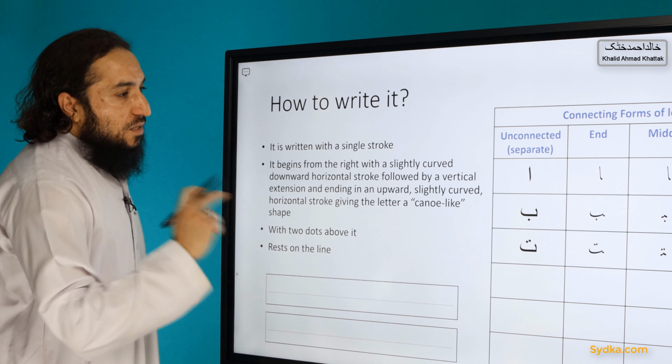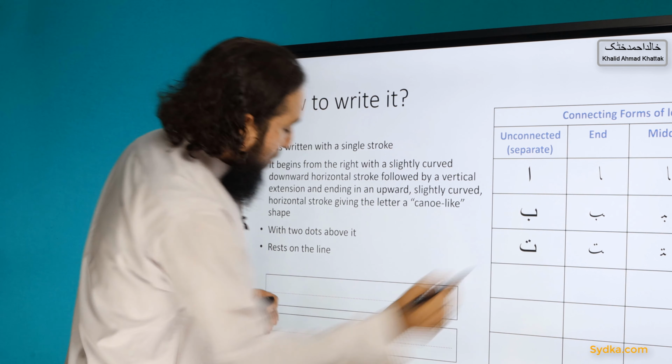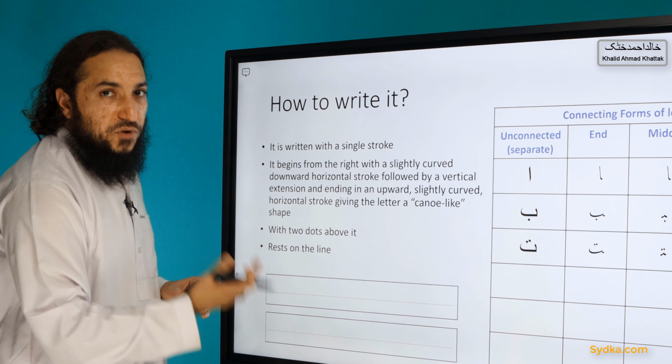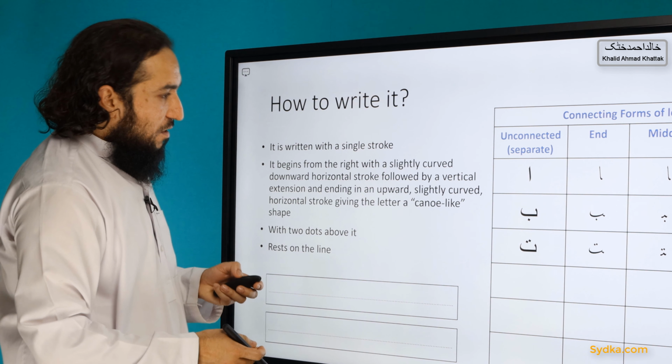The horizontal stroke gives it a canoe-like shape. It has two dots on top of it, and it rests on the imaginary line.